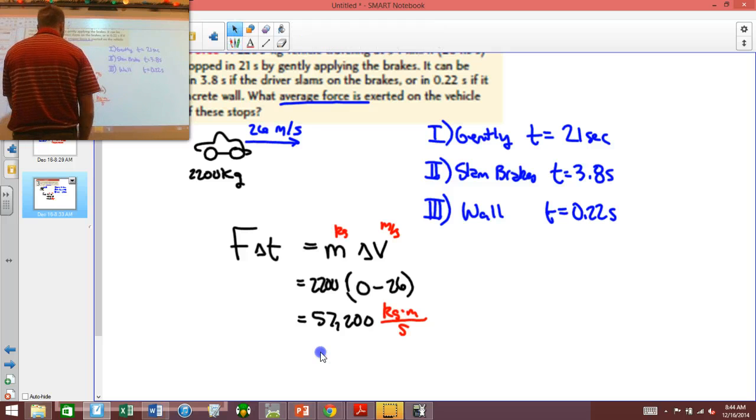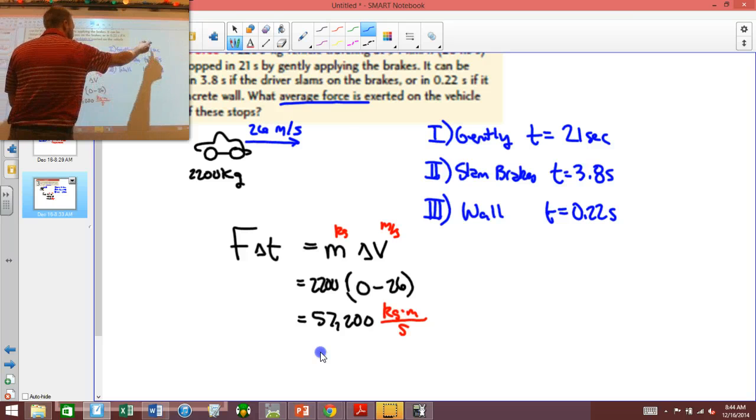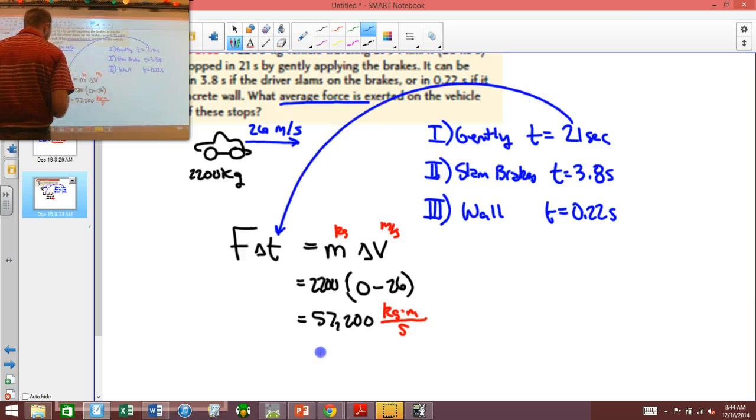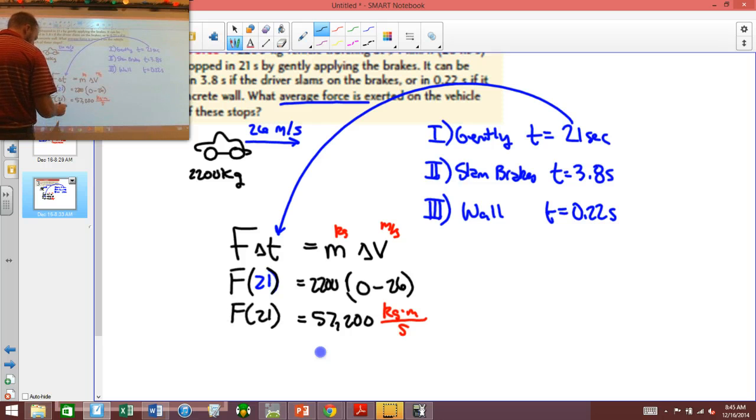Now, in each of these cases, the question was what's the average force? So what I'm going to do is put in 21 into here. So my force times 21, so I can figure out my force for the gentle.